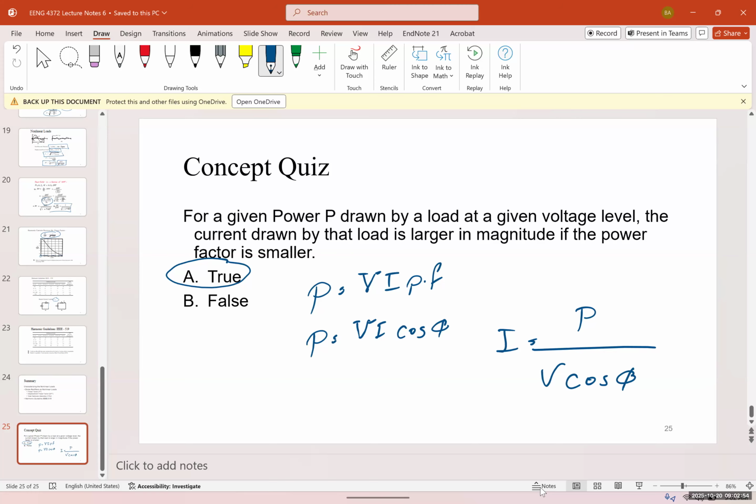Therefore, if the current increases, then the power factor is smaller for a given voltage at a given power. So these two are fixed. When I increases, the power factor decreases. So the answer is true.